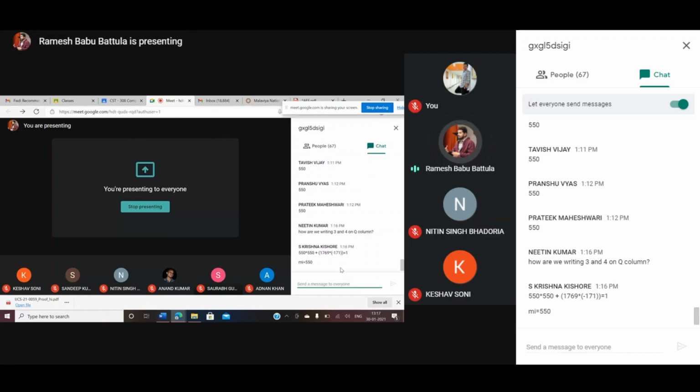Then 4 into 3 is 12. Minus into minus is plus, so plus 12 plus 1 is equal to 13. Go for the next step, and so on.